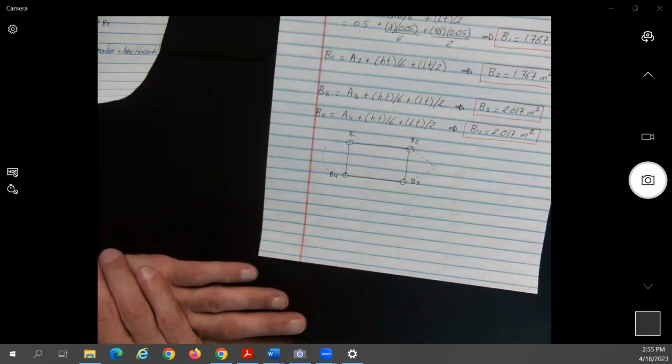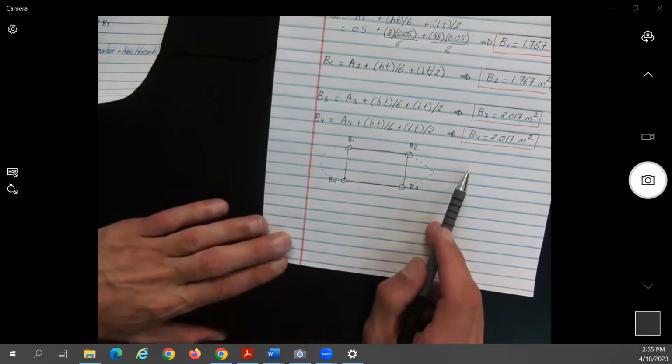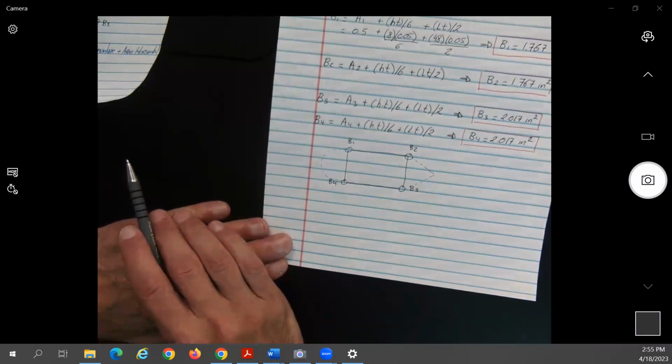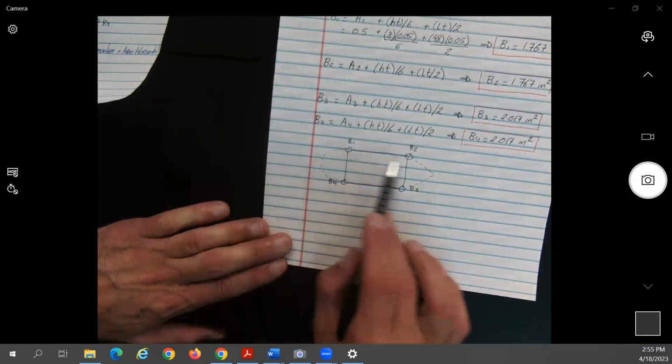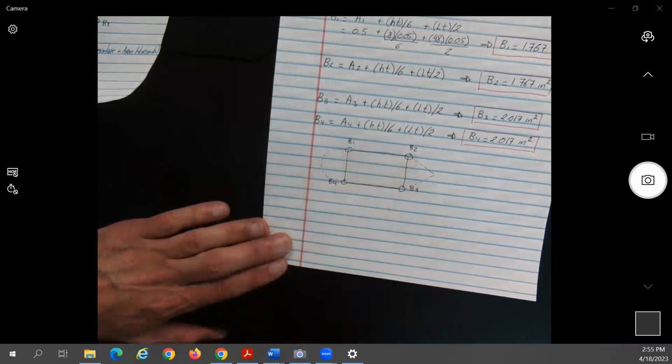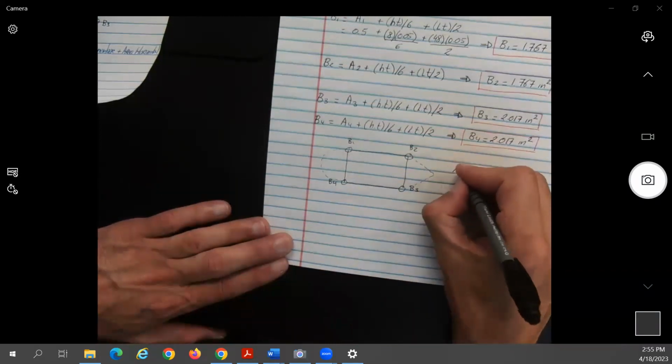But basically, is this cross-section symmetrical or non-symmetrical? B1 equals B2, but B3 equals B4. Is it symmetrical or not? So it's non-symmetrical, no?